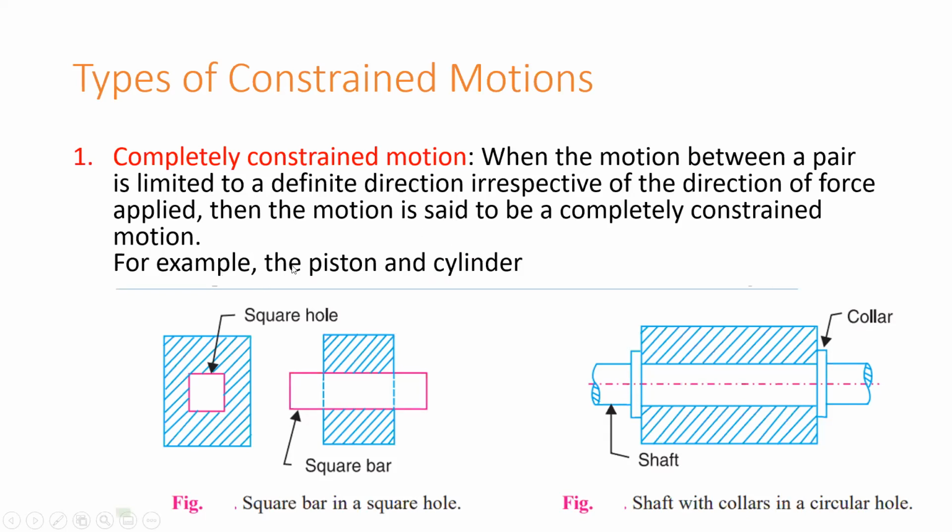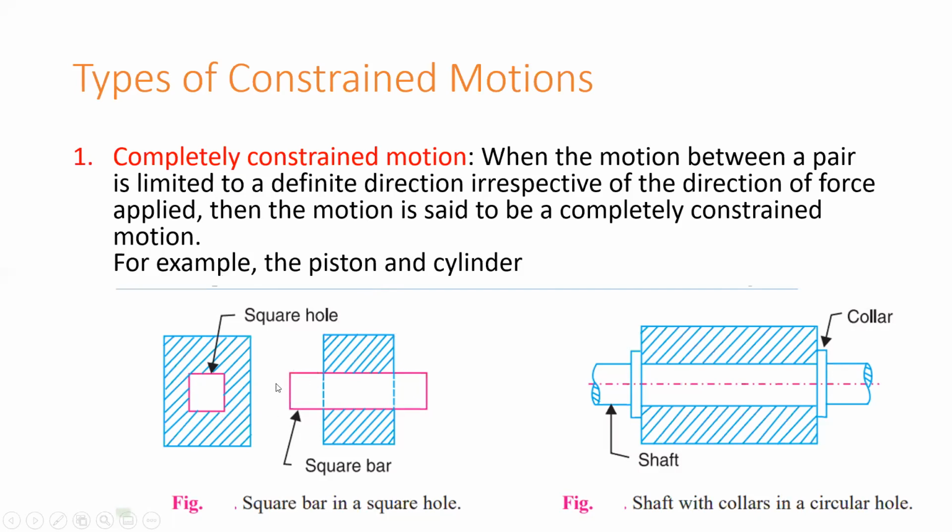Examples are the piston and cylinder. We have seen that the motion between piston and cylinder is sliding motion. The piston can only slide in the cylinder and will not turn about any axis, so the motion between them is completely constrained. Another example is a square block with a square hole, and the square bar in that hole.